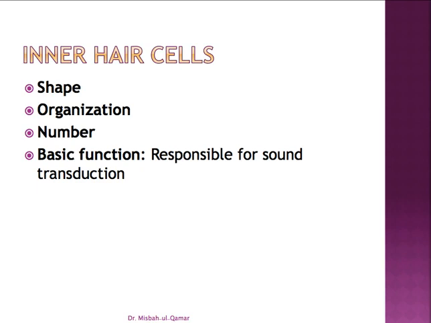Right. The inner hair cells are responsible for the sound transduction. It means that they are responsible for transducing the mechanical energy into the electrical energy. So basically, these are the primary cells which cause the generation of the action potential in auditory nerve fibers.